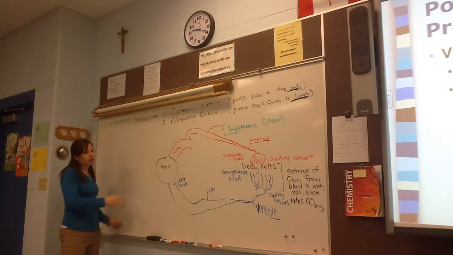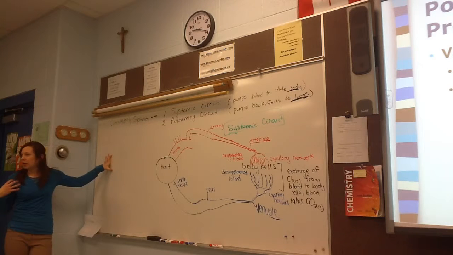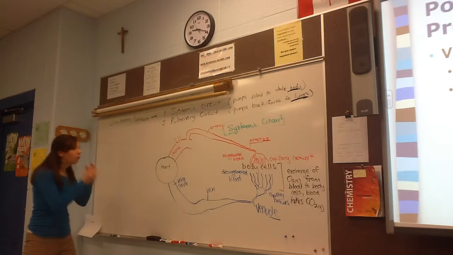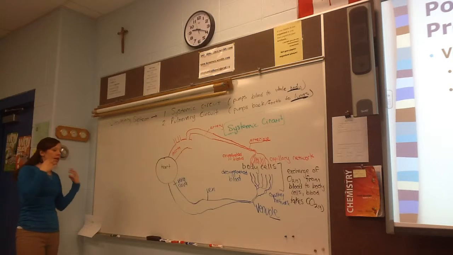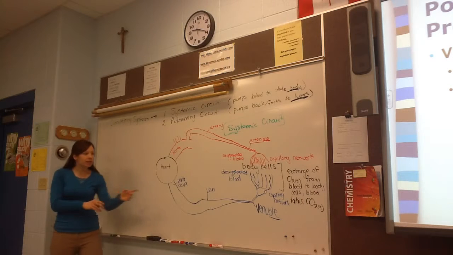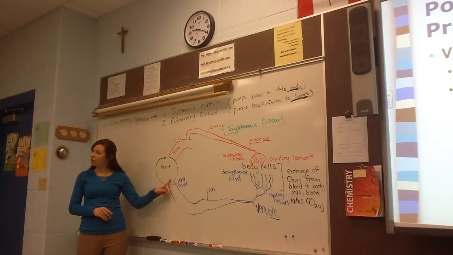So now what we're going to do is the pulmonary circuit on this side. Now that doesn't mean that the pulmonary circuit only exists on your right side of your body. Again, it's a simplification, okay? All right, so now we need to go to the lungs because our blood came back to the heart and now it's deoxygenated.